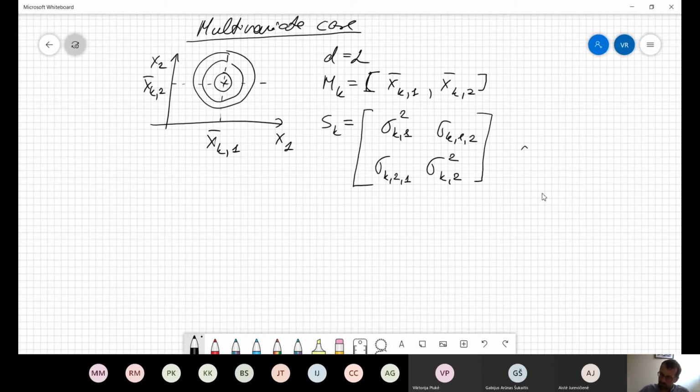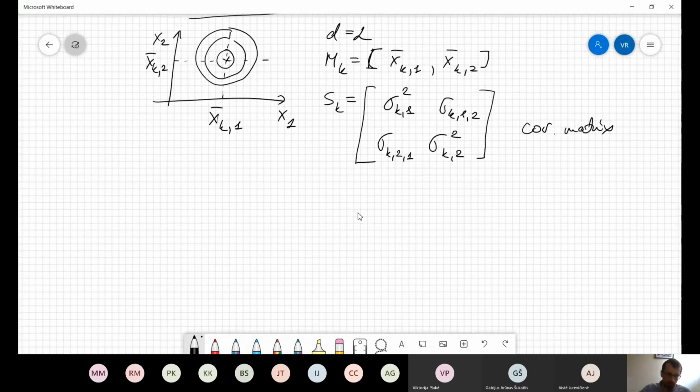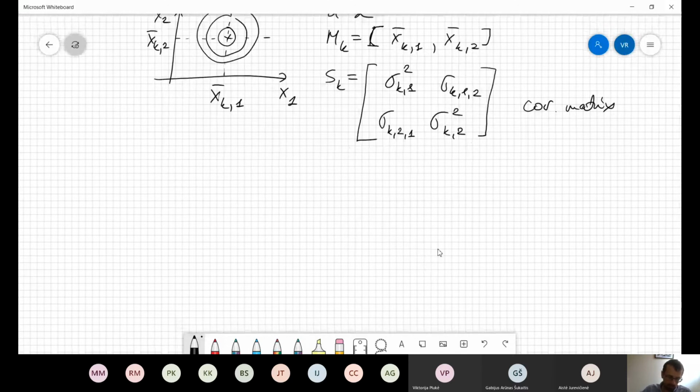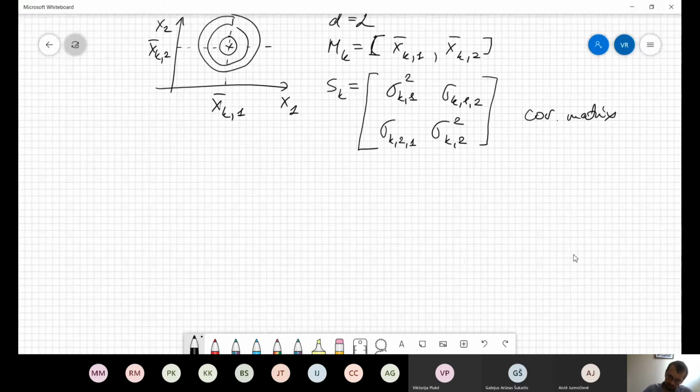So this is actually a covariance matrix now. Given that, obviously, we will have some change in the probability calculations. I have the formula here again.